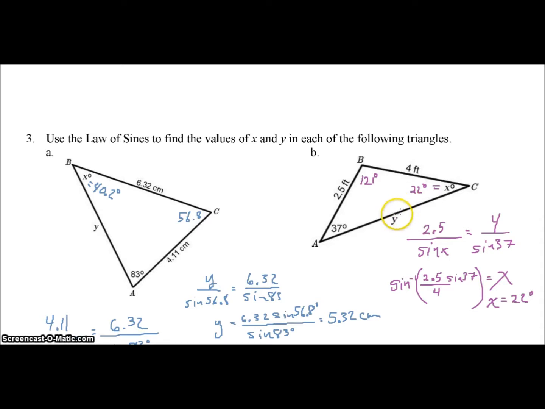And now we can find y. y over sine of 121 equals 4 over sine of 37, which means y equals 4 times sine of 121 over sine of 37, which is about 5.7 feet.